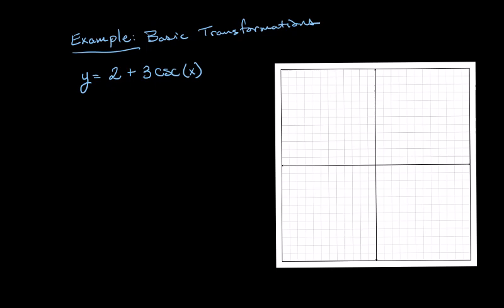So we've got y equals 2 plus 3 cosecant of x. The first thing I would encourage you to do is graph y equals 2 plus 3 sine of x, but don't connect the dots.